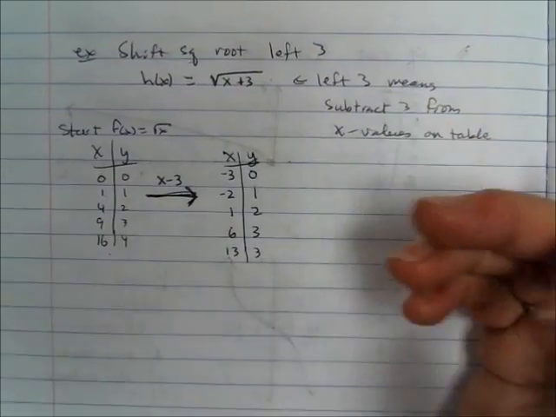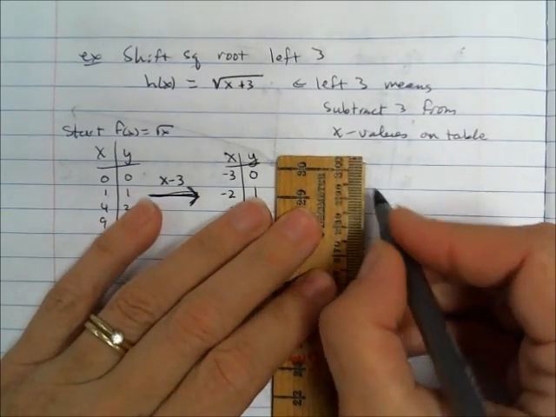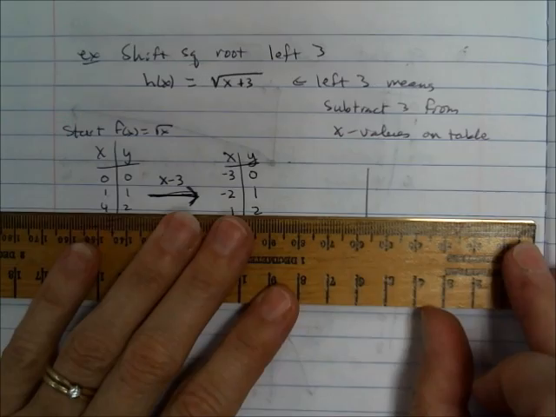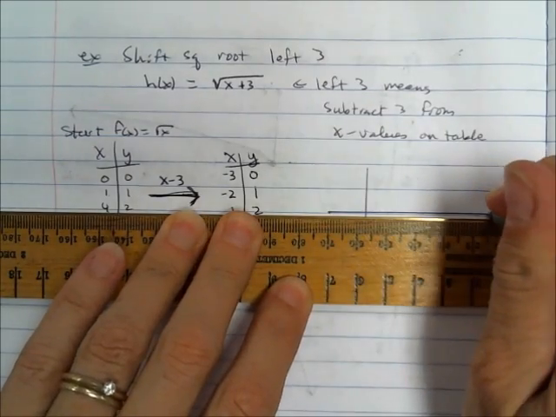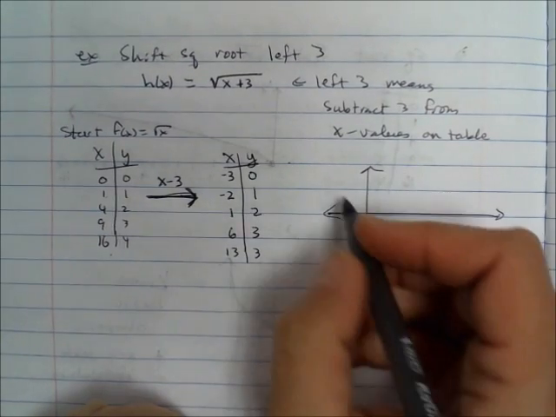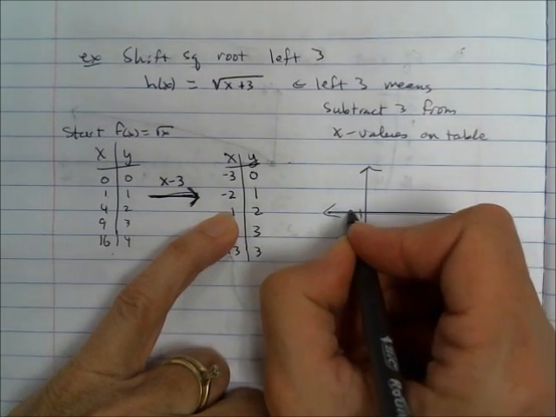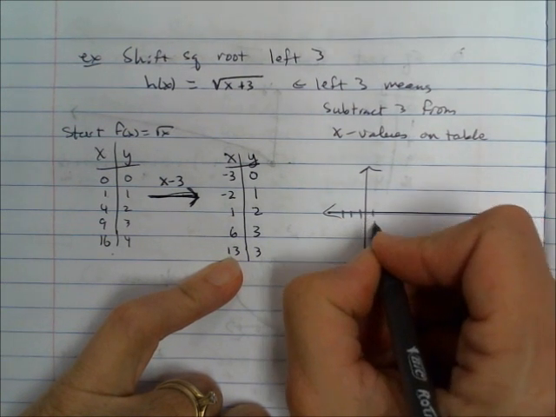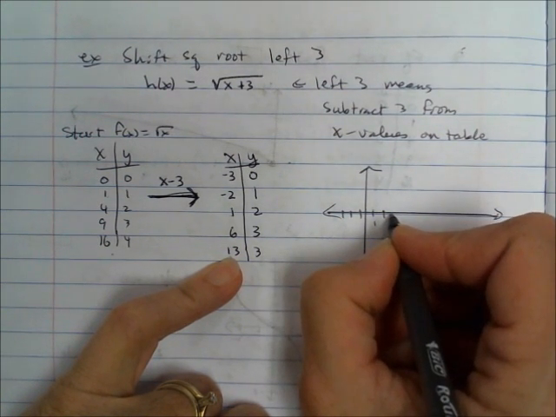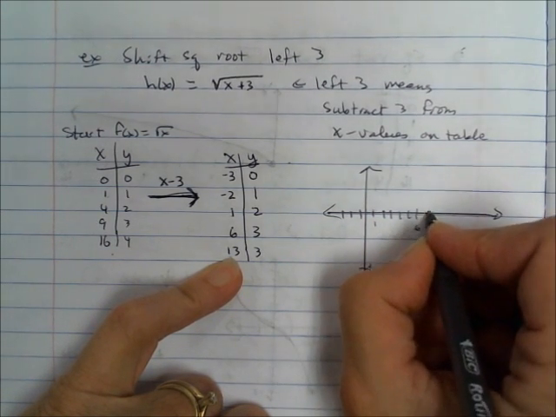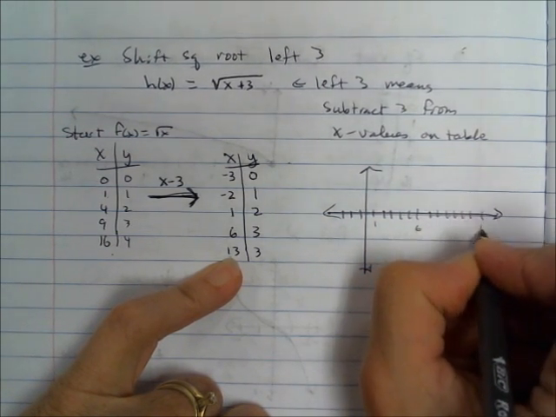So let's do that. So these x values go back to negative 3, and they go out to 13. So here's 1, 2, 3, 4, 5, 6, 7, 8, 9, 10, 11, 12, 13.